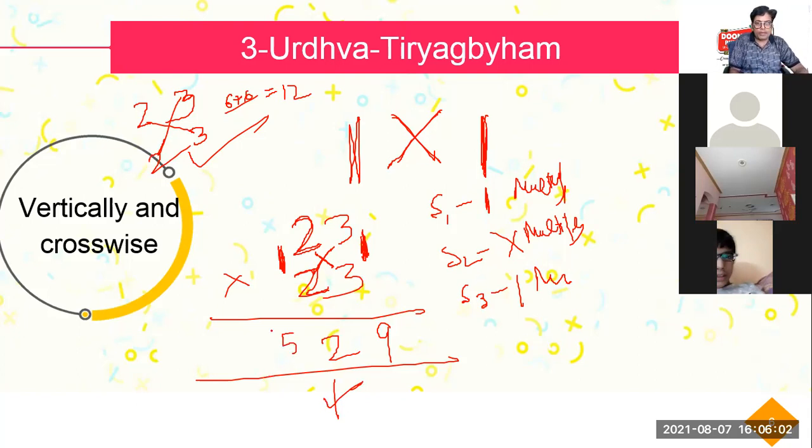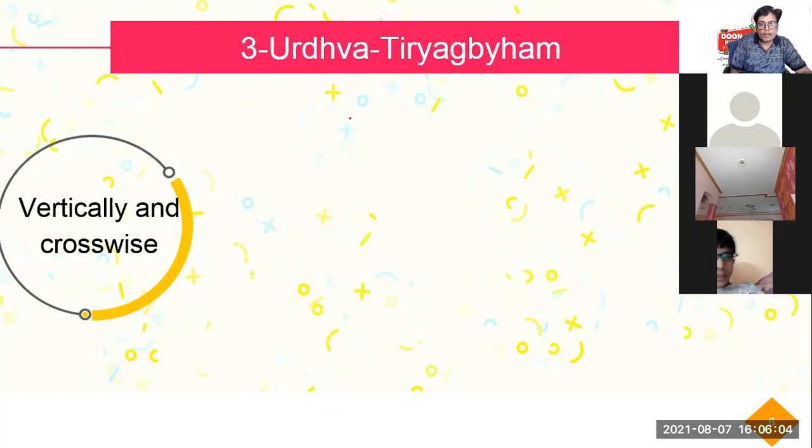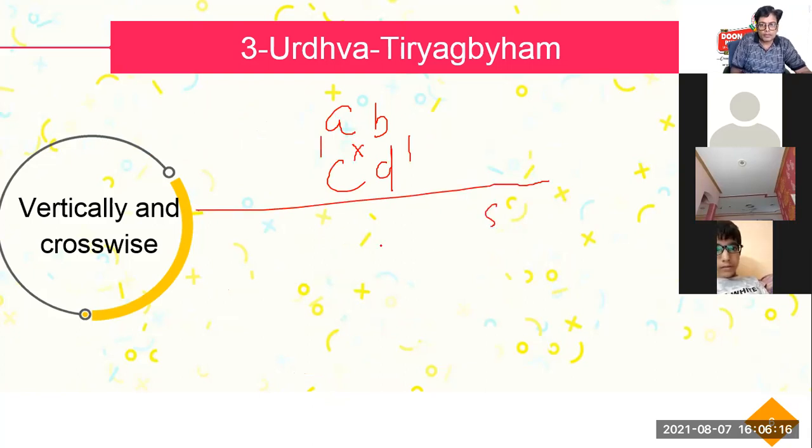Okay, again I am telling you, like AB into CD. Vertical, cross, vertical. Write it down. Step 1, step 2, and step 3. Step 1 is B into D. That is vertical.